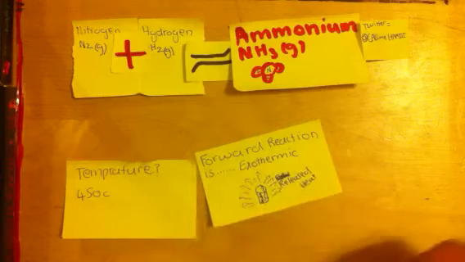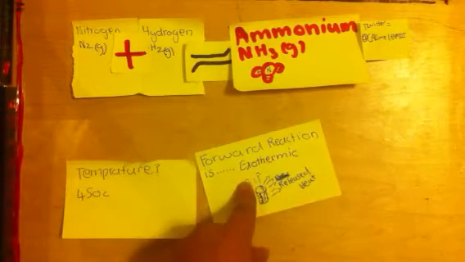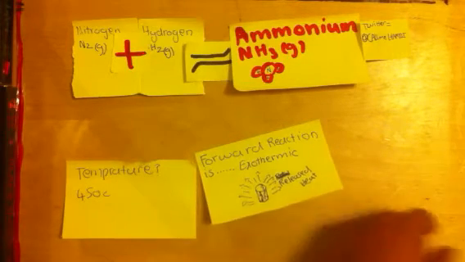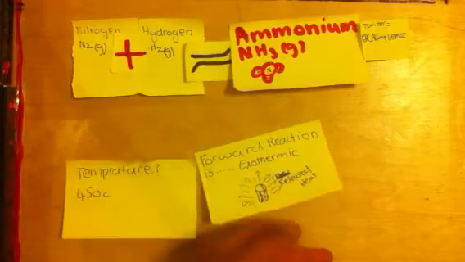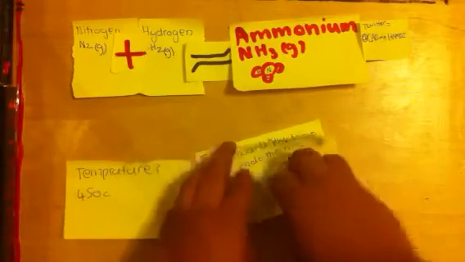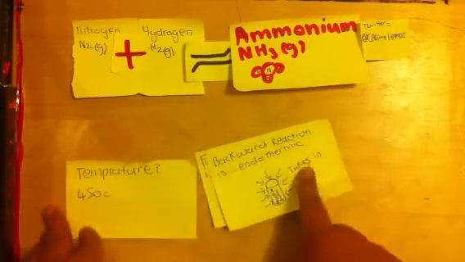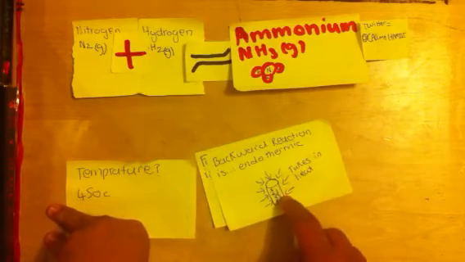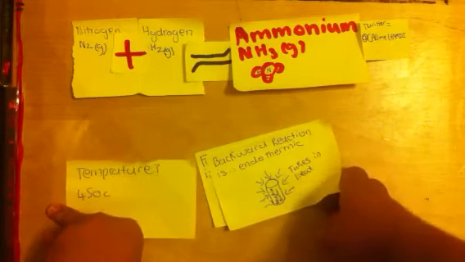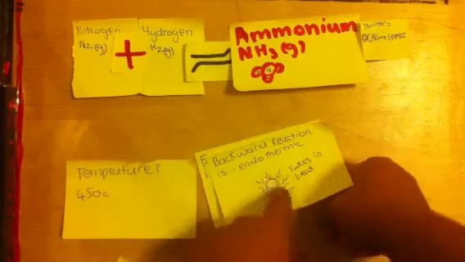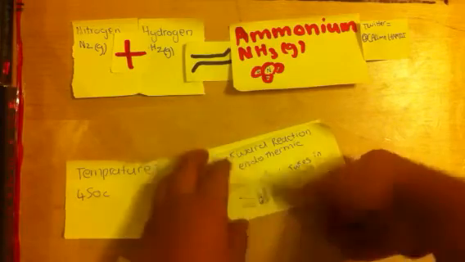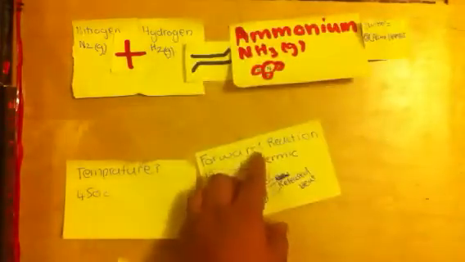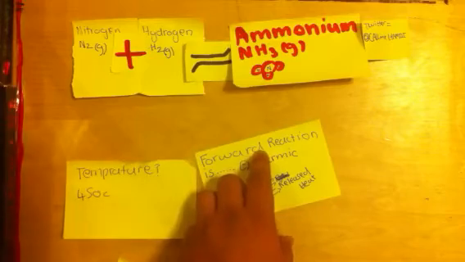Now, we want as much of the forward reaction as possible, so a way to get more of the forward reaction is decreasing the backward reaction. Now, the backward reaction requires you to take in heat. So if you reduce the temperature, if you reduce the amount of heat that it can take in, you will theoretically improve the rate of the forward reaction.